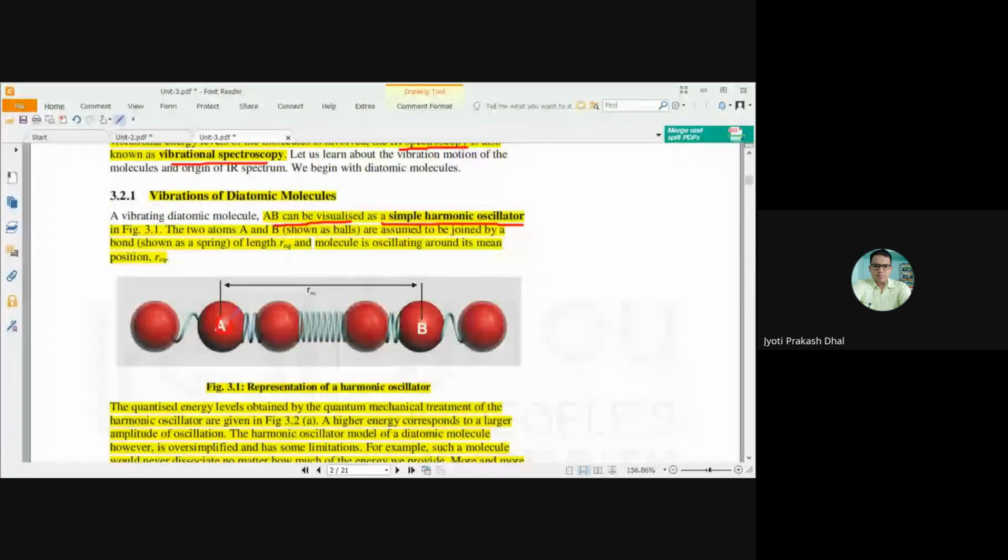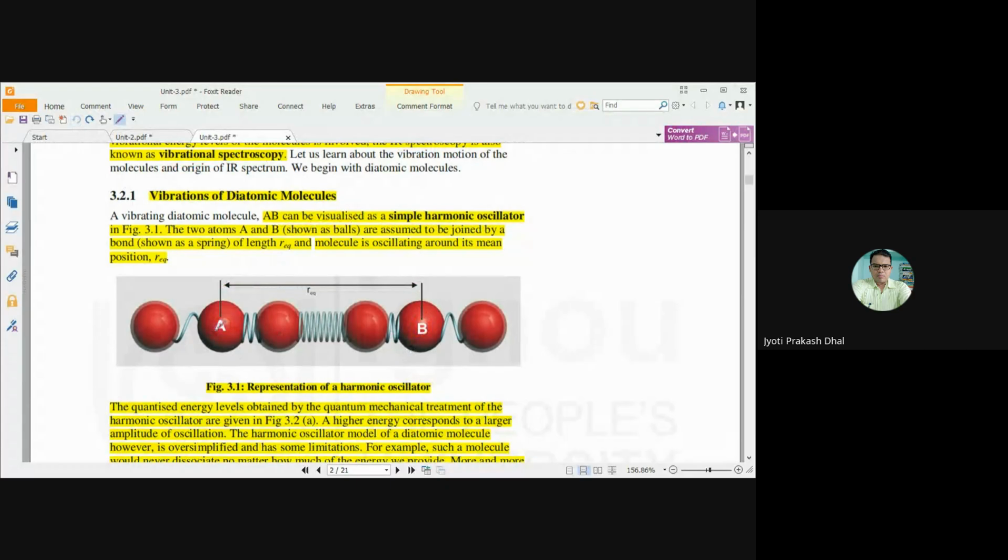This is atom A, and this is atom B, and the equilibrium distance between atom A and atom B is known as Req. The bond length, that is Req, is the equilibrium distance between the two atoms A and B to form the molecule. And here the positions of the two atoms are not fixed.